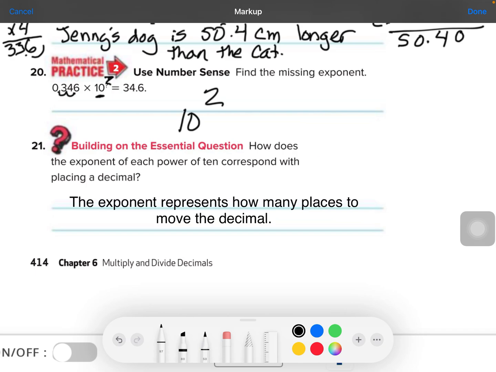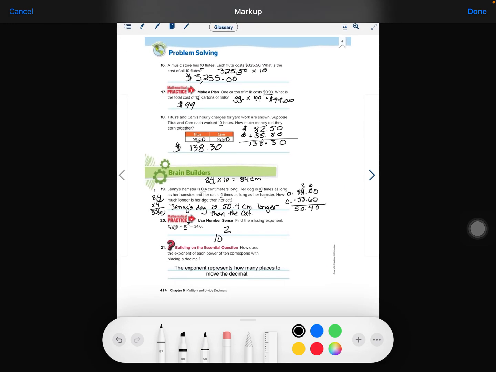Number 21: the exponent represents how many places to move the decimal.